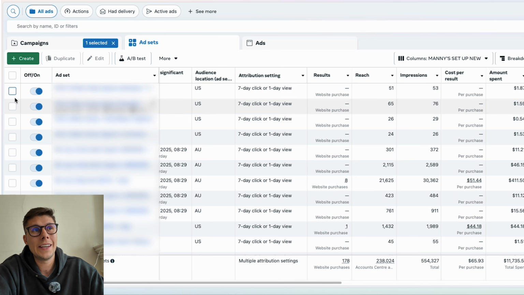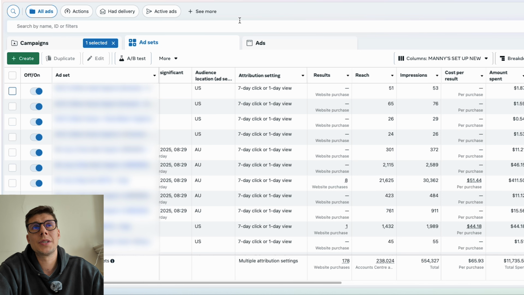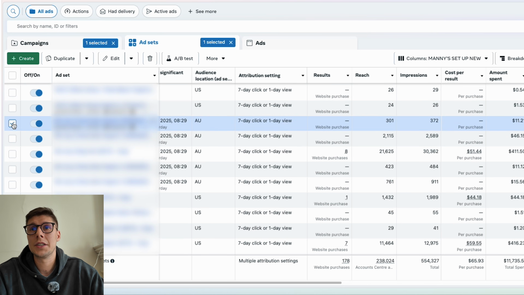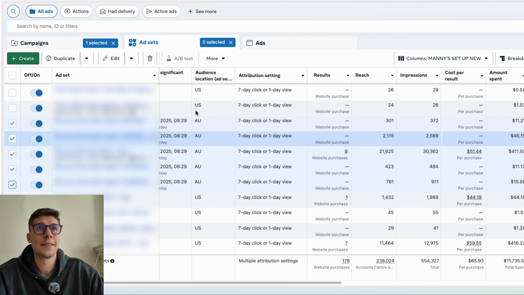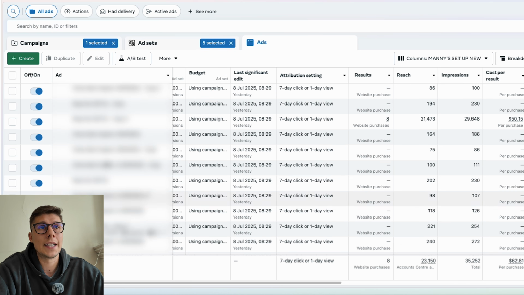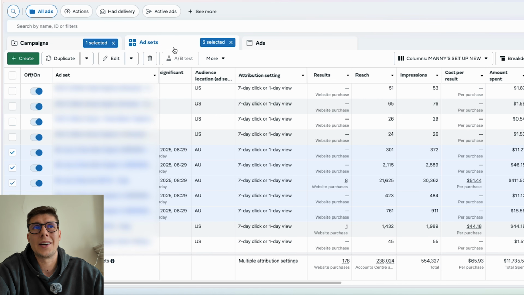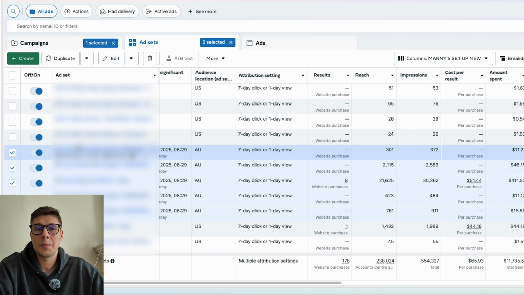Now, the goal here, if you are running bid caps, is to essentially slam the algorithm with as much content as you can, right? So you'll see here on the 8th, if I just filter it by the 8th, within these ad sets, we've got 16 ads, okay? So we're launching between 10 to 20 ads a day. And again, guys, it's like going to the casino with a bunch of chips, putting them on the table, but this time you have free bets.